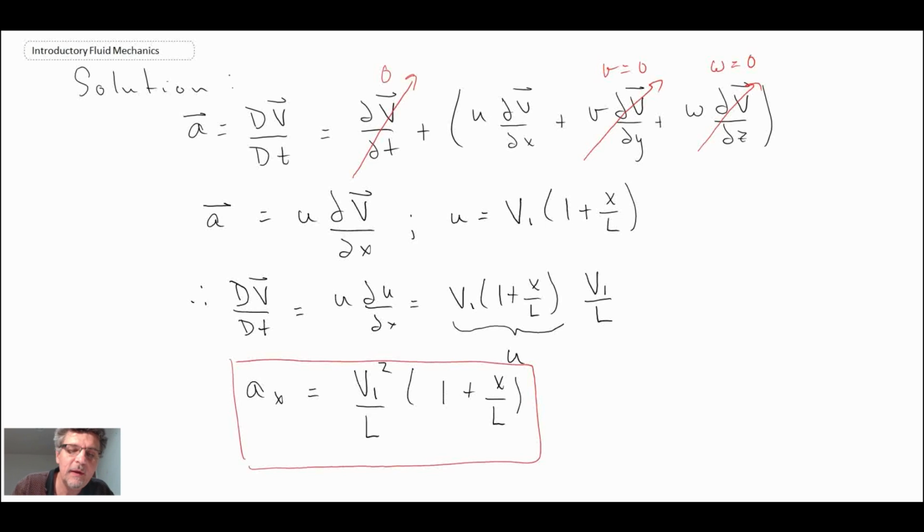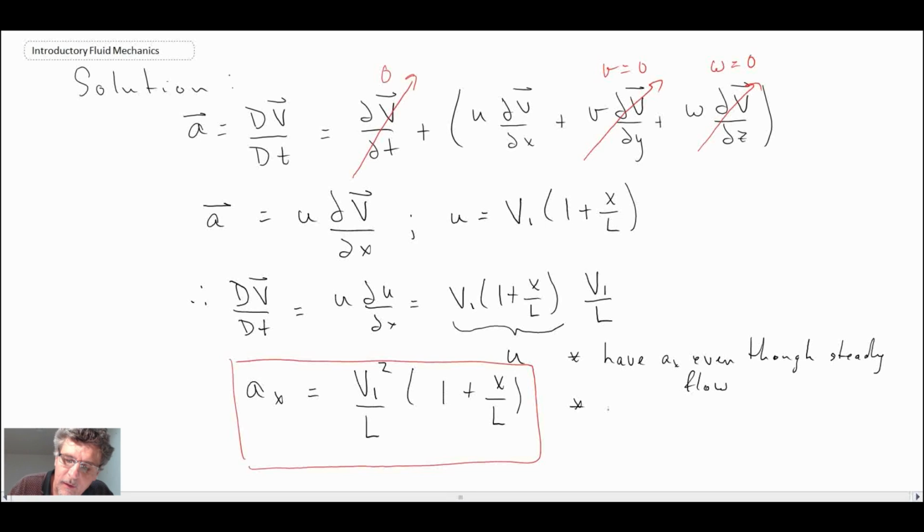This would be the answer to the first part of the problem. There are a couple of things we can note. We have ax even though it is a steady flow, because fluid convects to a region of higher velocity.